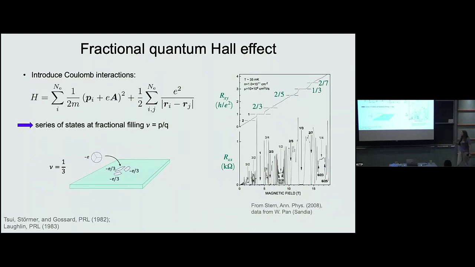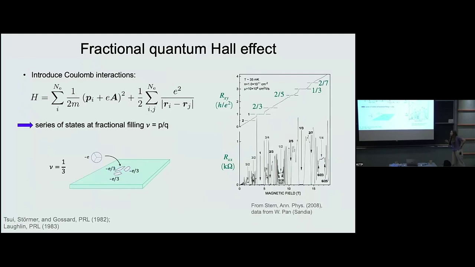And so these states of matter are fractionalized states. The low energy degrees of freedom here are no longer properly electrons. We can think about breaking up an electron into 3 pieces, for instance, in the nu equals 1/3 state.